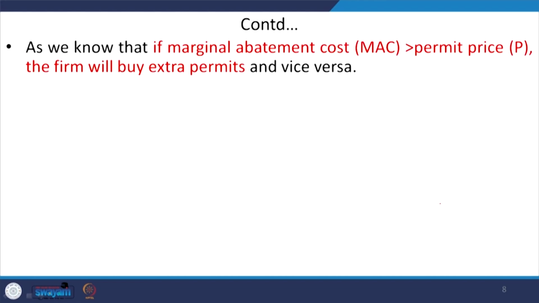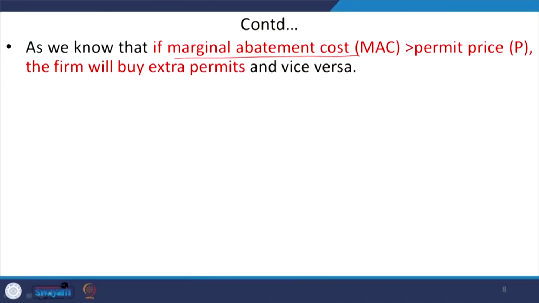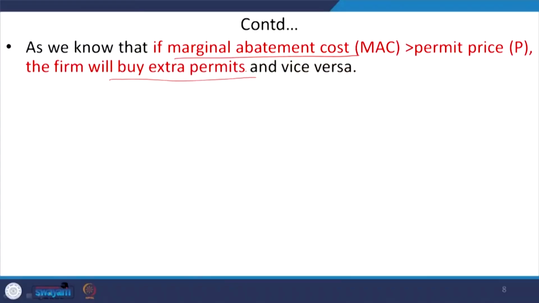From this what you understand is, if the marginal abatement cost is greater than the permit price, would the farm be purchasing extra permits or selling permits? When the marginal abatement cost is greater than the permit price, reducing pollution is a costlier affair than purchasing permits, so the farm will be purchasing the extra permits.